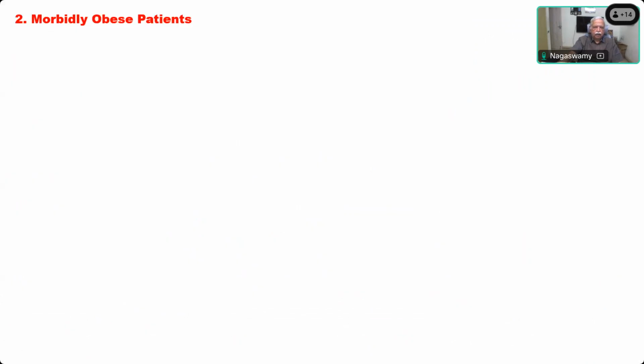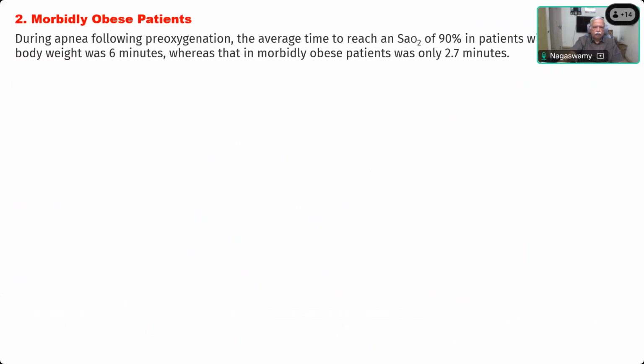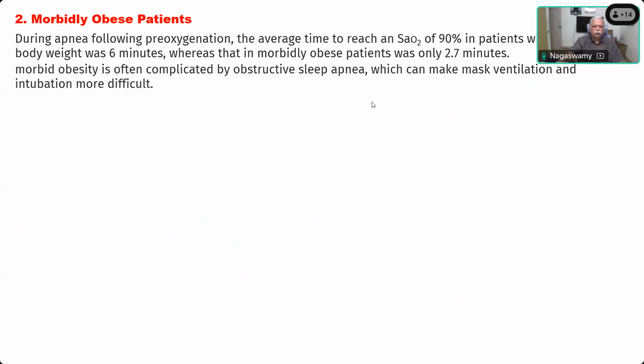To deoxygenate. And the second category is morbidly obese patients who also have a low FRC. That is the reason why they can also desaturate much faster. And their time is only 2.7 minutes compared to the 6 minutes when they have saturation of 90%.